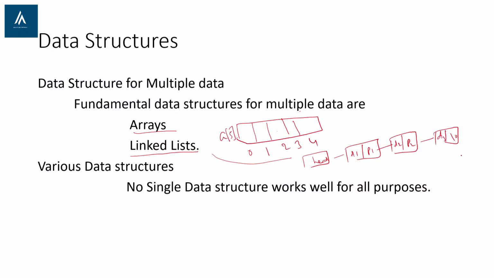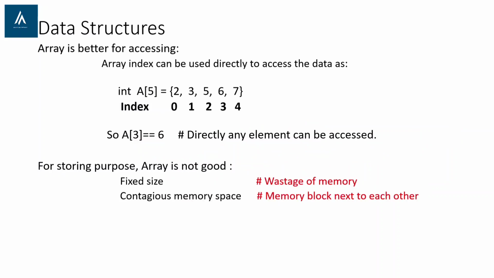And we learn about all these data structures because no single data structure works well for all purposes. For example, if we think of the array, array is good for accessing data because directly you can access any index and you will get the data there.